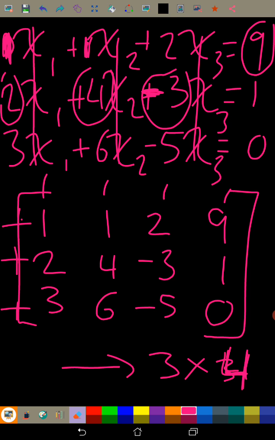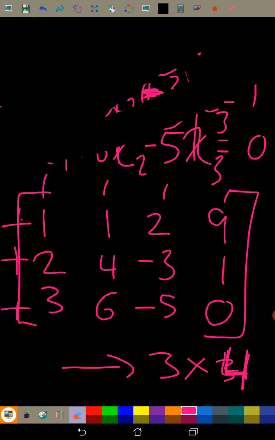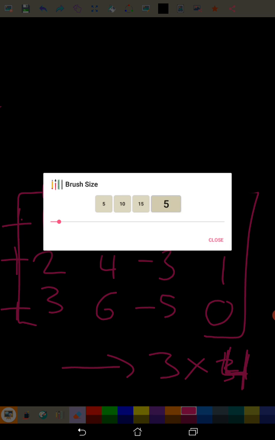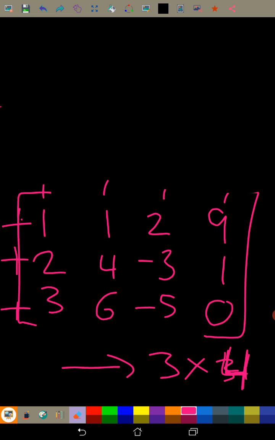So this is how you represent data, and just to make it clearer for you, we have all the data written in the matrix. We don't need the equations, but it can be written like this.